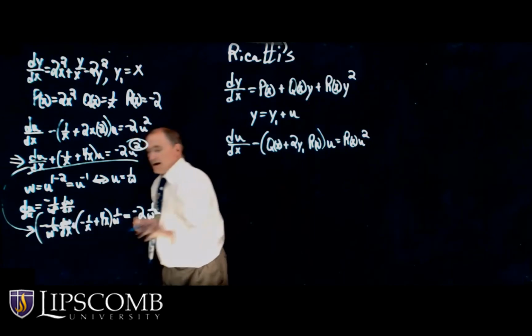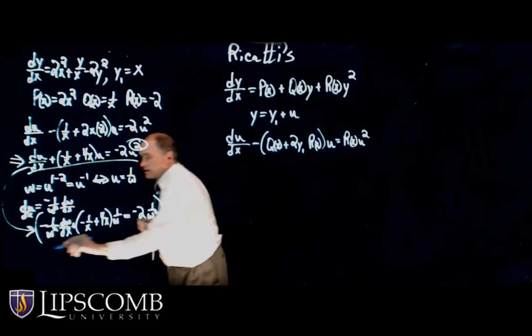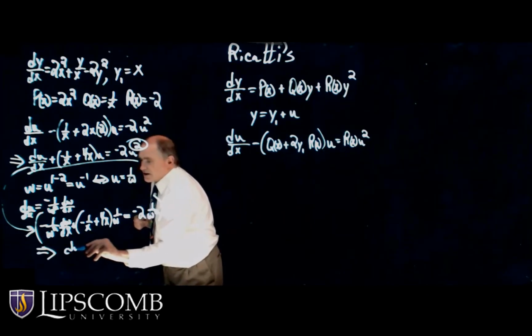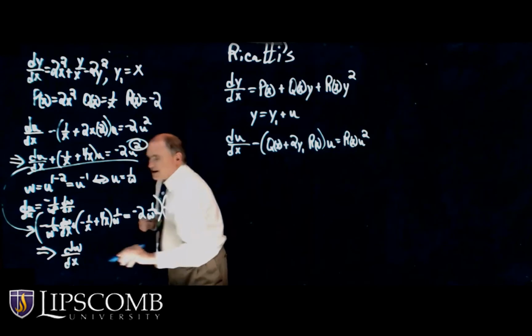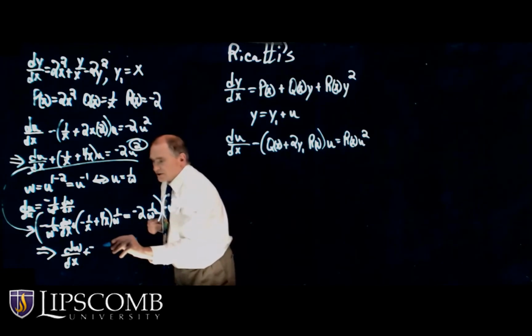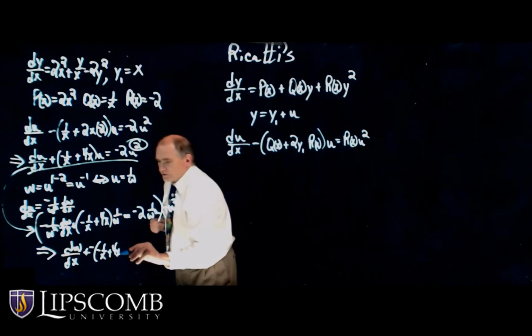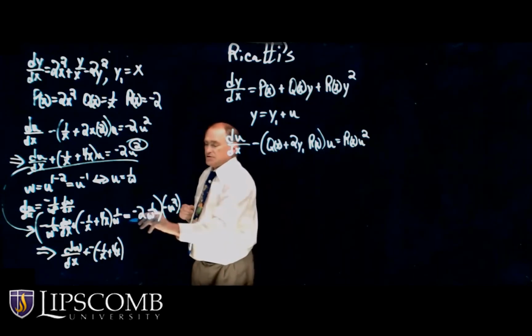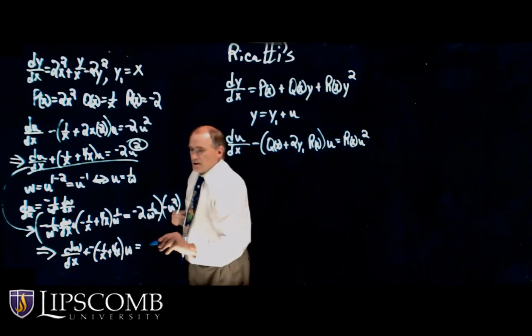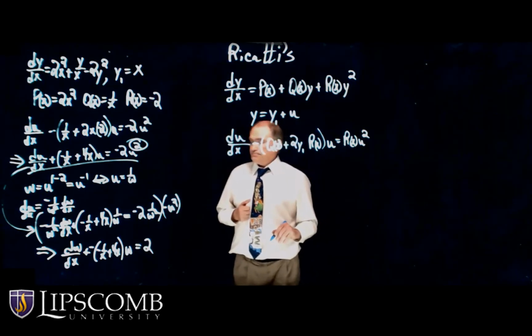So when I multiply everything by a negative w squared, I get dw/dx plus, and it's going to be a minus, so I'm going to put a minus there in front, negative 1 over x plus 4x, w. I already put the negative, w squared over w is w, negative a negative, so that makes it a positive 2, and the w squared factors out.